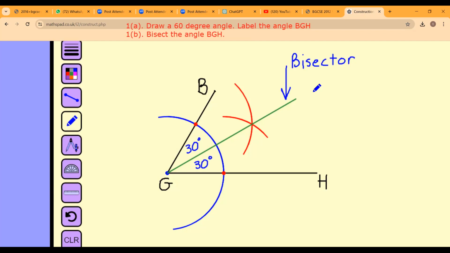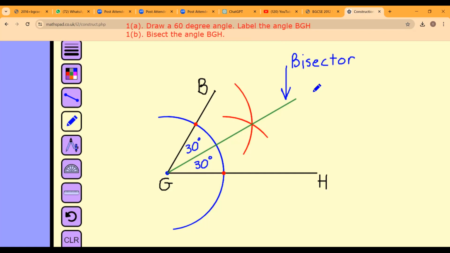That's fine. So we went to G and we draw a line coming up, making it B, which measures 60 degrees because we use a protractor to get that.